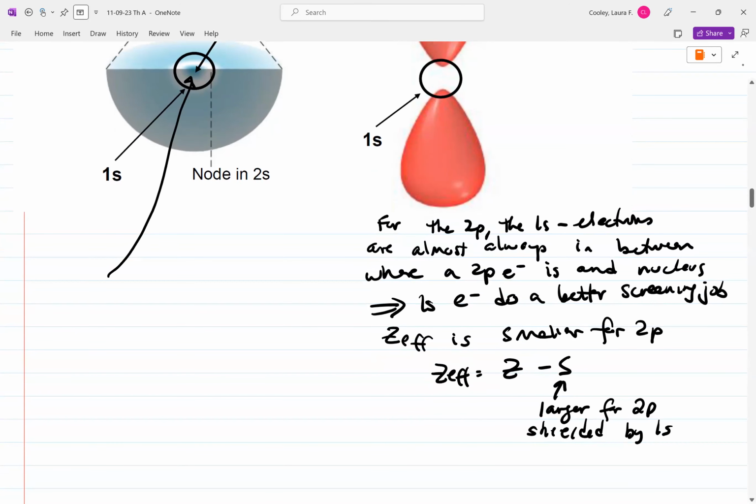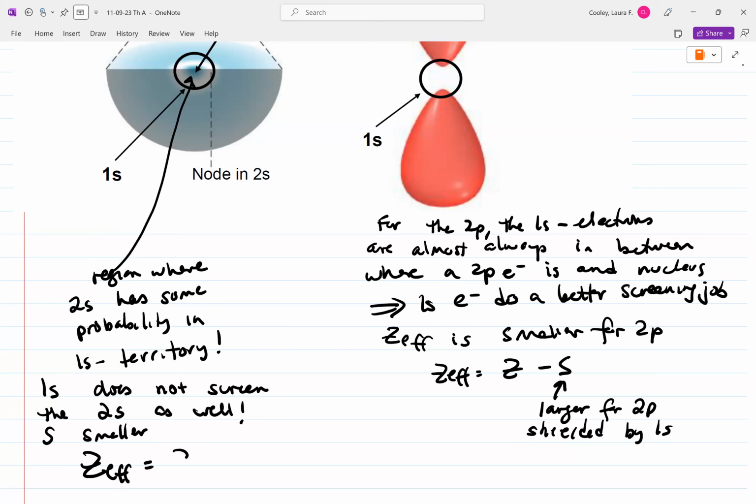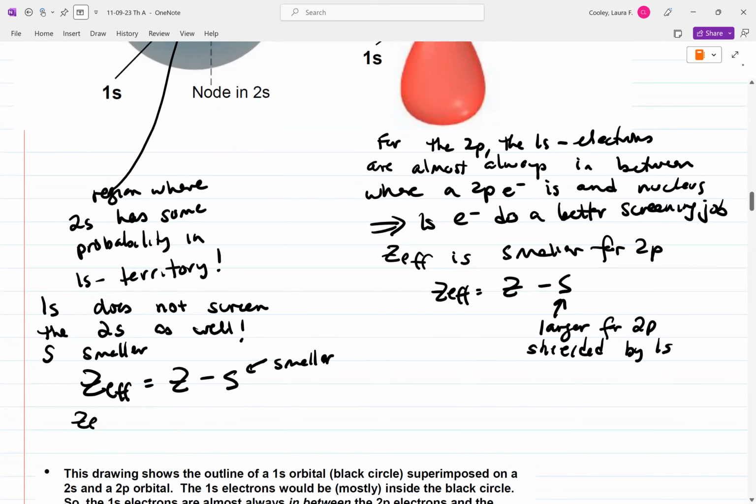Here you have a region where the 2s has some probability very far into 1s territory. So that means the 1s does not do as good a screening job. So S is smaller, and since Z effective is Z minus S, Z effective is larger.